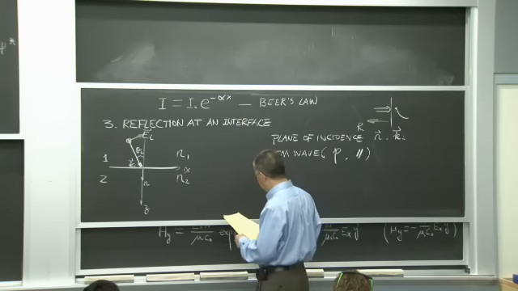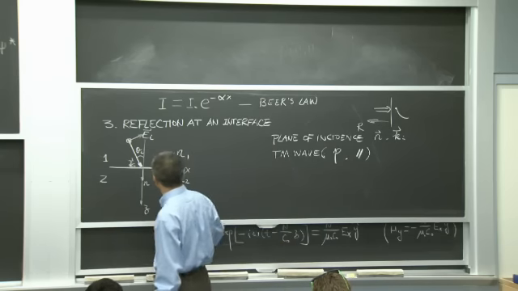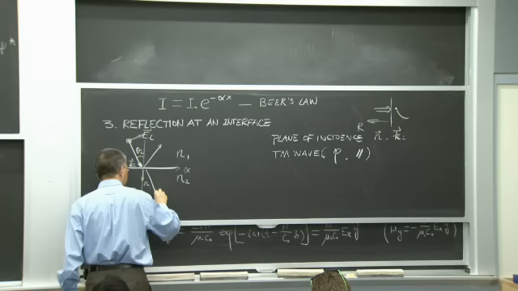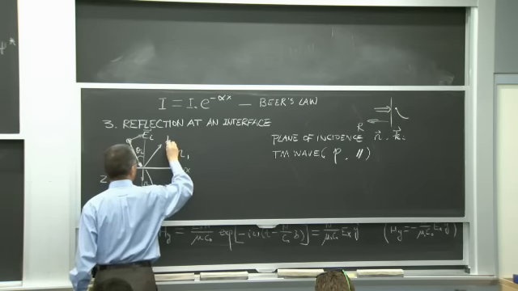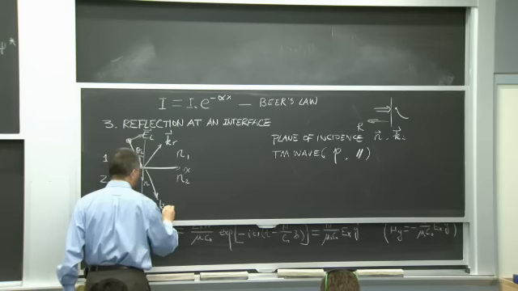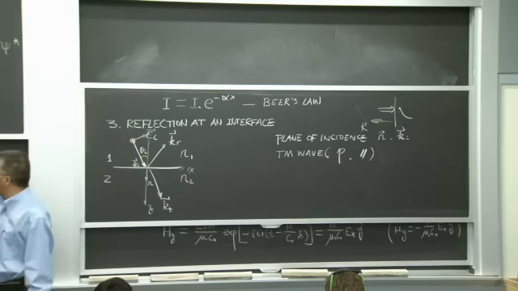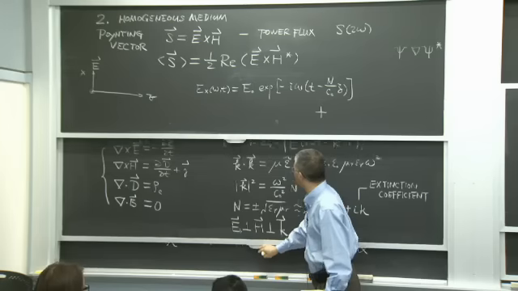Okay. And now I need to write, when the wave comes in, I could have reflection. I have transmission, right? So here reflection, the wave vector, and transmission, the wave vector. And in each medium, I have a plane wave form. I know the plane wave form.